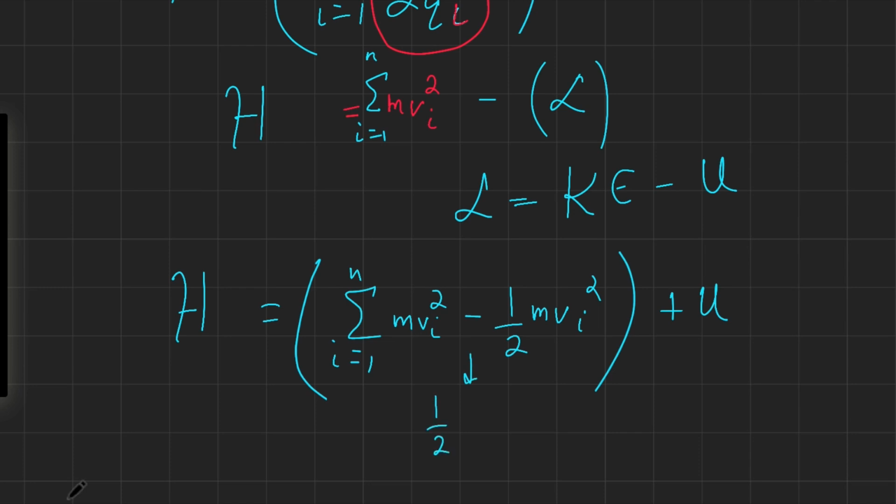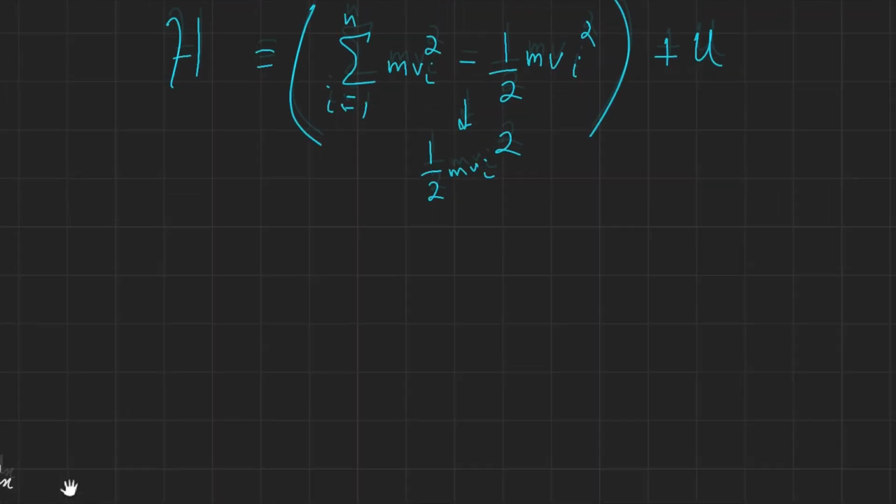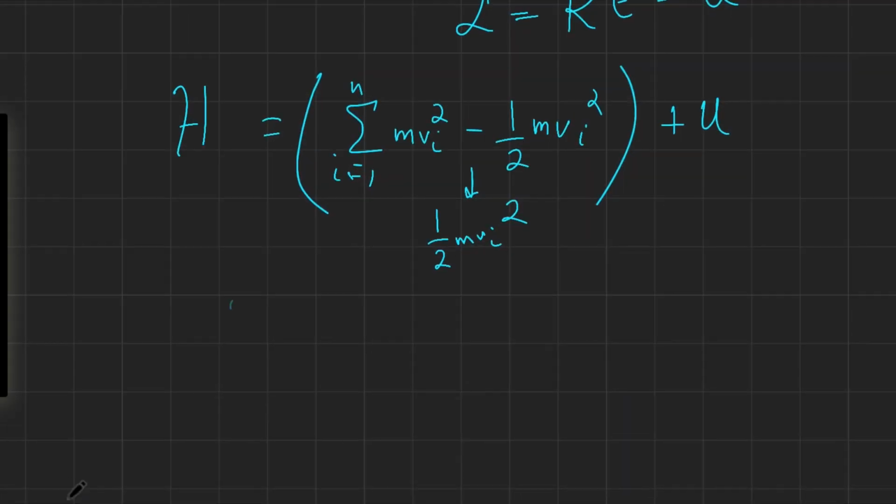Well, this is simply half m v_i squared as well, and this is the sum over all coordinate axes, so that's actually the total kinetic energy. But hey, we get that then the Hamiltonian is the total kinetic energy plus the potential energy, which is the total energy of the system.